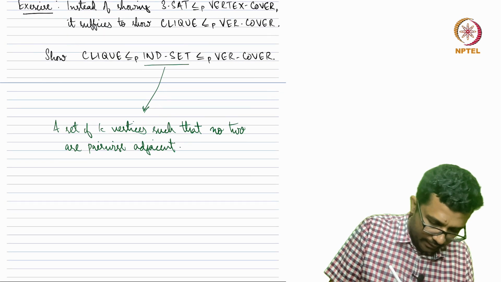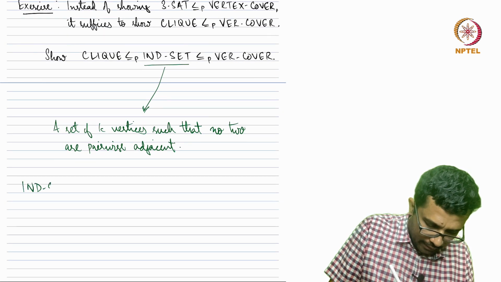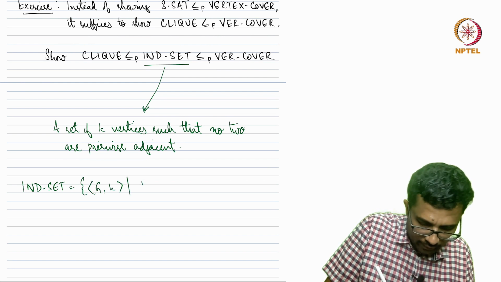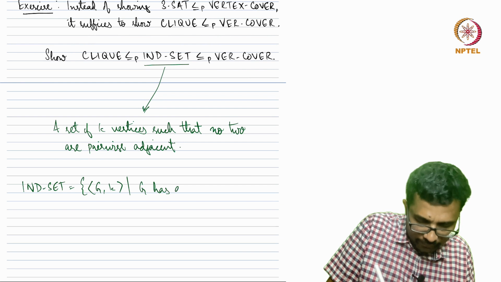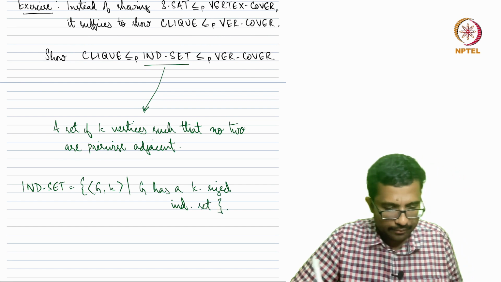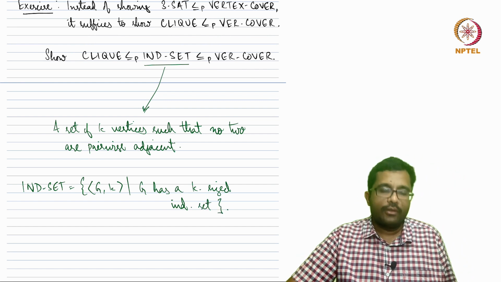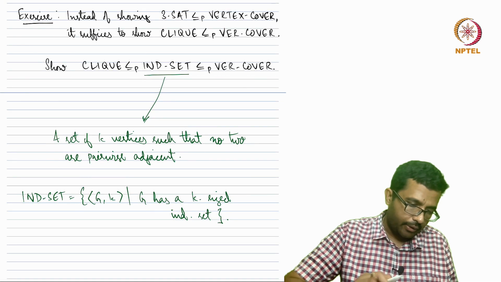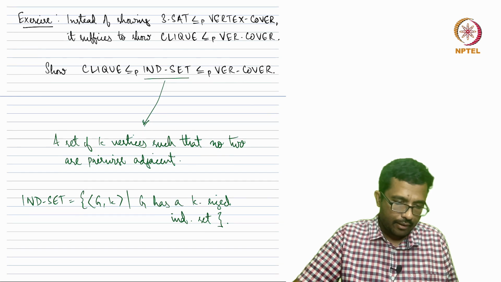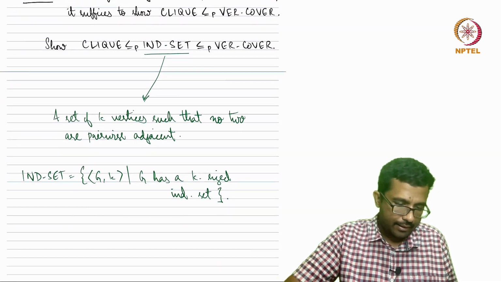And the language is independent set: G,k such that G has a k-sized independent set, right? So you can reduce CLIQUE to independent set and then independent set to vertex cover. You can try this out as an exercise.